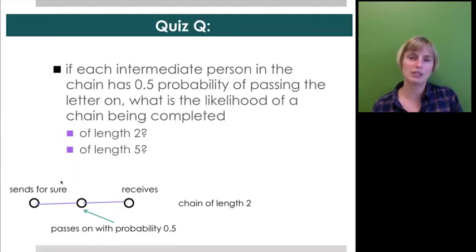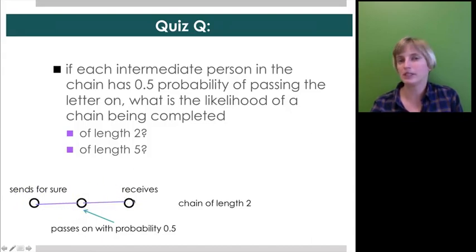So now we can start to calculate the probability that a message gets through given a constant attrition rate. Let's say it's half probability that someone's going to pass the message versus just not do anything with it. If you have a chain of length 2, you have only this person in question. The initial sender sends for sure, otherwise there's no chain and we don't count it.